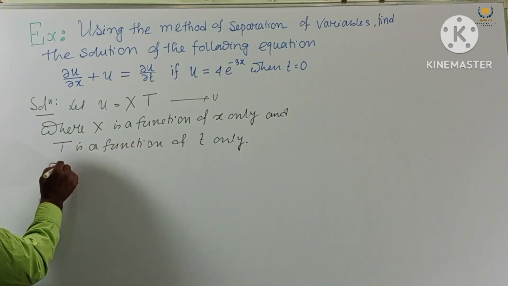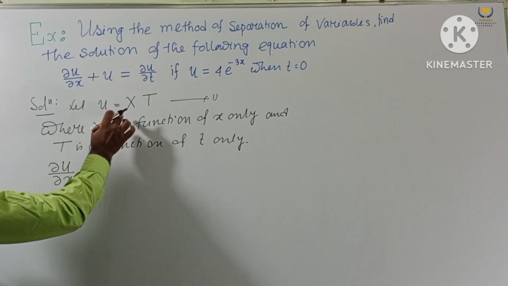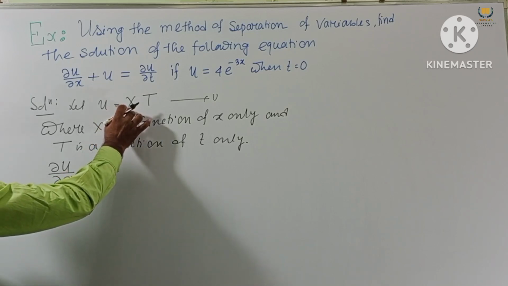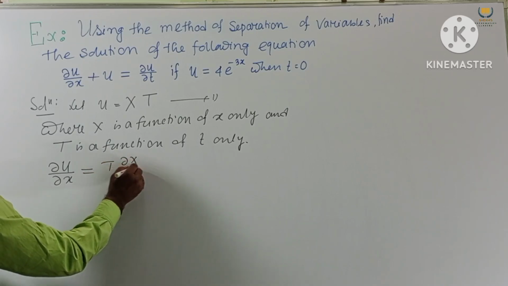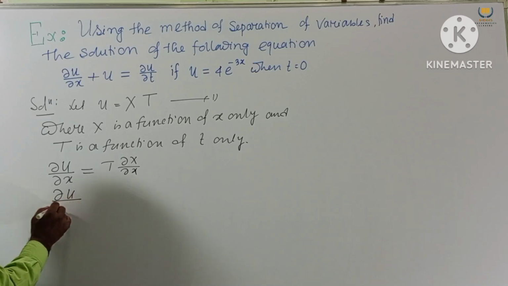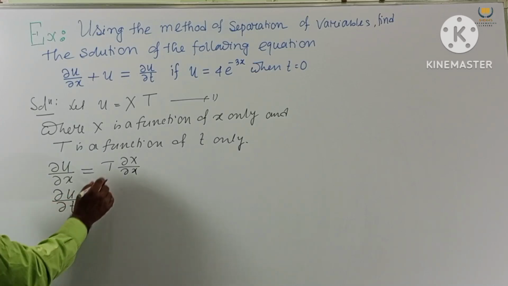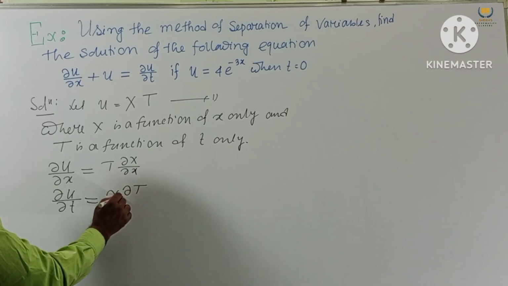So first we find ∂u/∂x. If we differentiate partially with respect to x, then T is constant, T outside, ∂X/∂x we get. Next we differentiate partially with respect to t. At the time X is constant, X outside, ∂T/∂t.